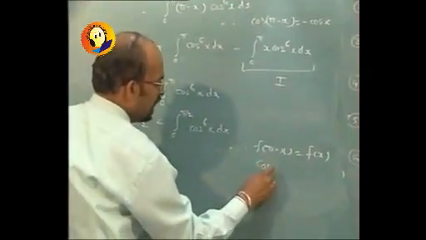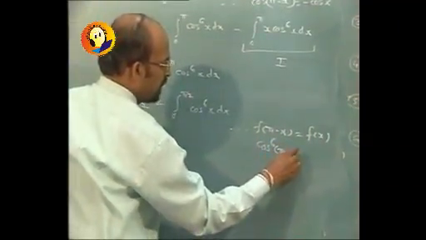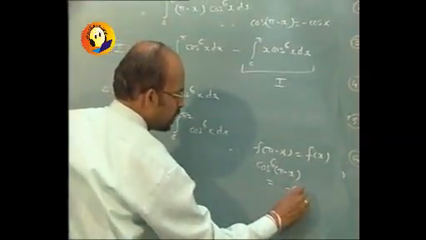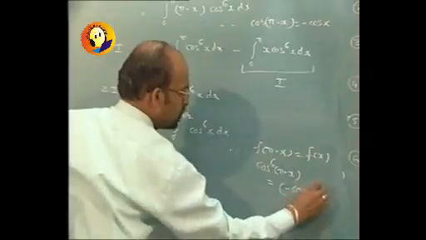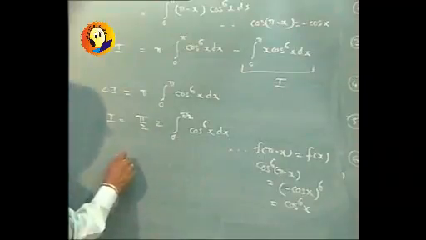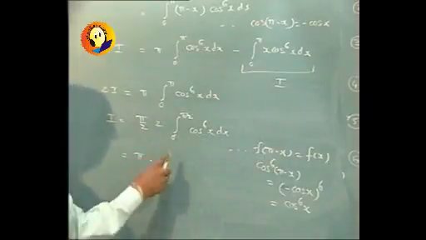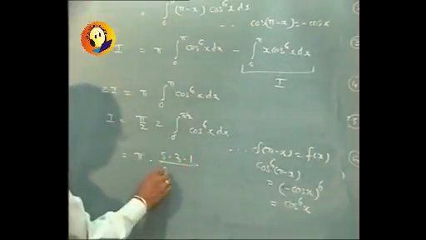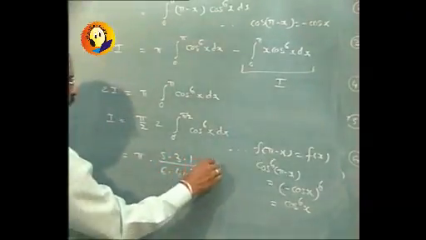You can check that cos raised to 6 of pi minus x will be nothing but minus cos x bracket raised to 6, which is cos raised to 6x. So effectively it becomes twice integral 0 to pi by 2. So it will be pi into, use the result, it is 5 into 3 into 1 divided by 6 into 4 into 2 into pi by 2.